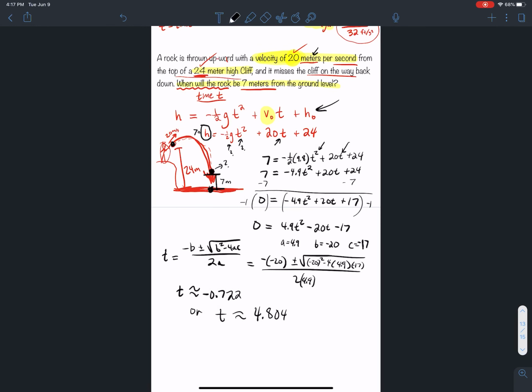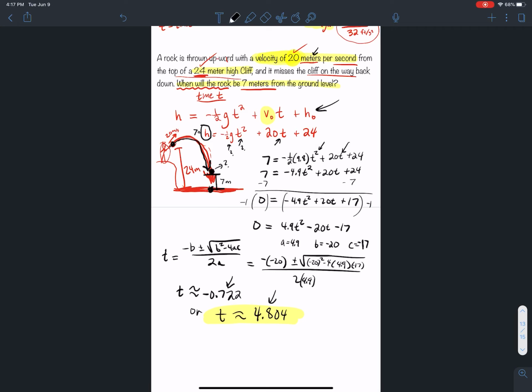So which answer makes sense? Can I have negative 0.72 seconds? Is that the time that it's 7 meters high? Or is it after 4.8 seconds that the ball travels to this point right here? Since we haven't invented time travel yet, we're going to have to go with the positive time.